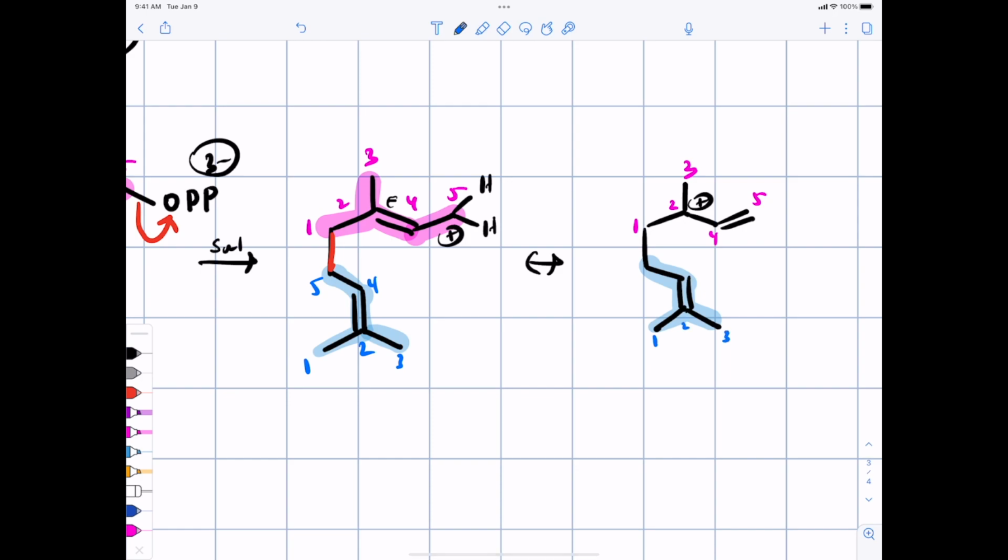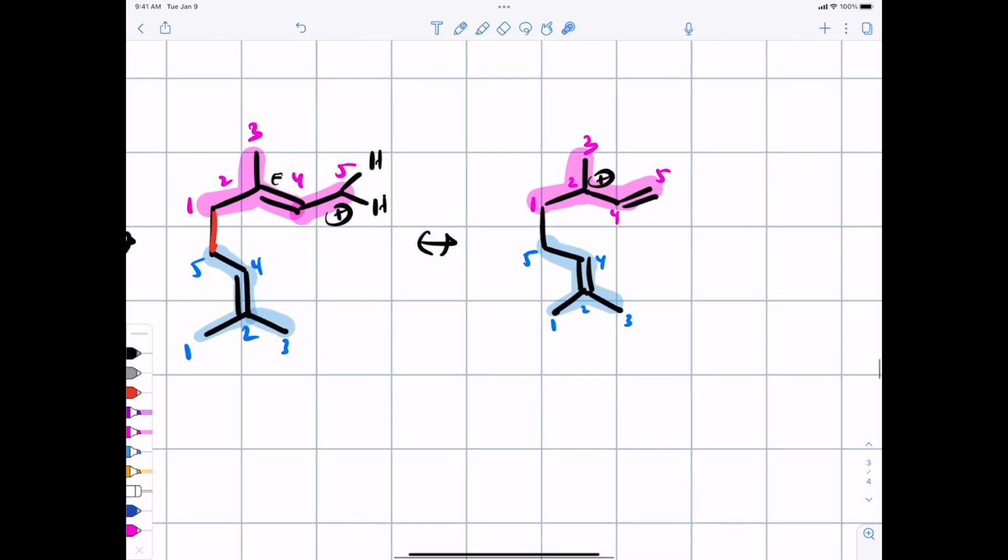And that's a reasonable thing to think, but you would be wrong. If I rotate around the bond between carbons 2 and 4, I'm breaking conjugation. That resonance only works when all of the carbons 2, 3, 4, and 5 are in the same plane with their p orbitals all lined up.